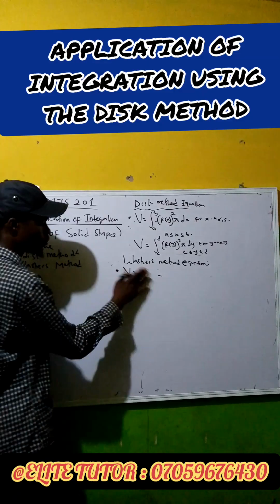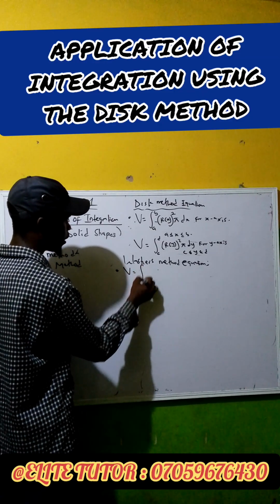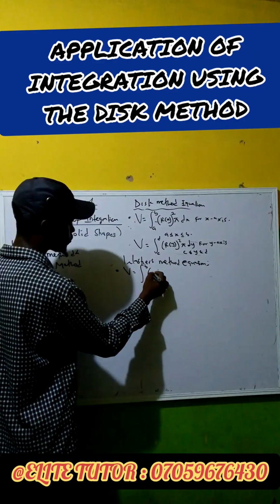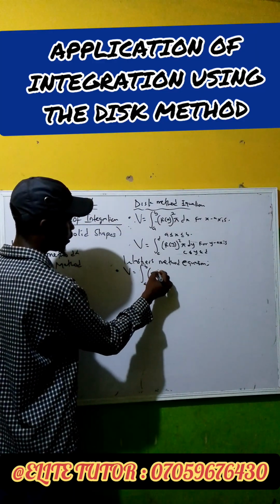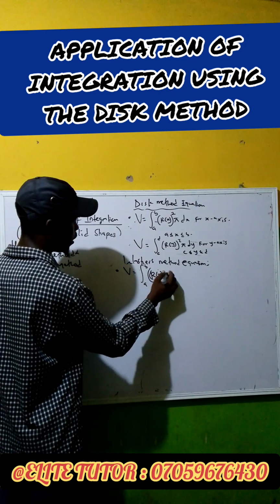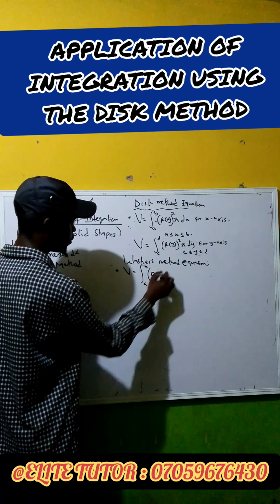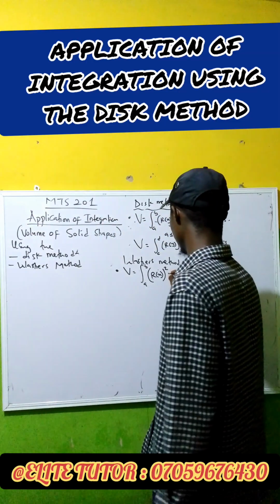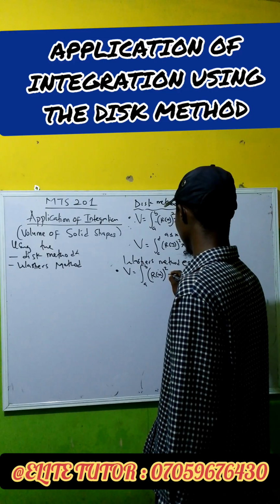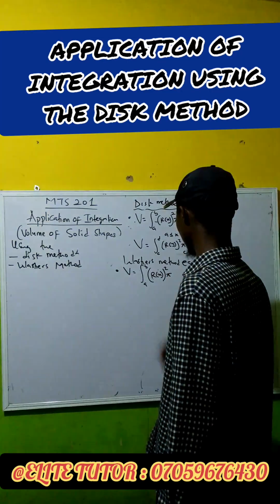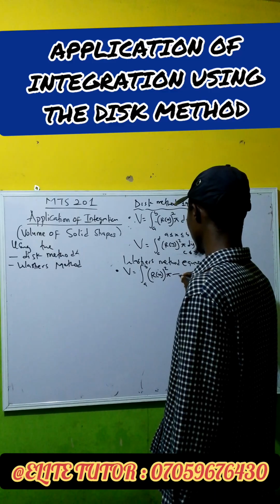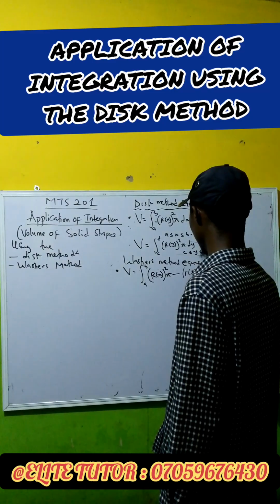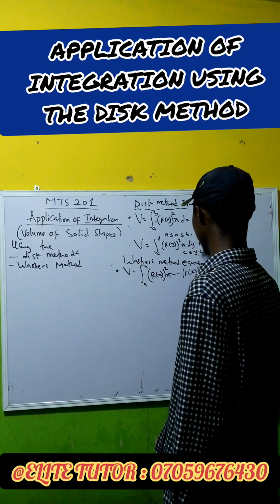For the x-axis, it's going to be the integral of a to b, of, in brackets, big r of x squared minus, you can put pi outside because at the end of the day pi is common, minus small r of x squared, pi.